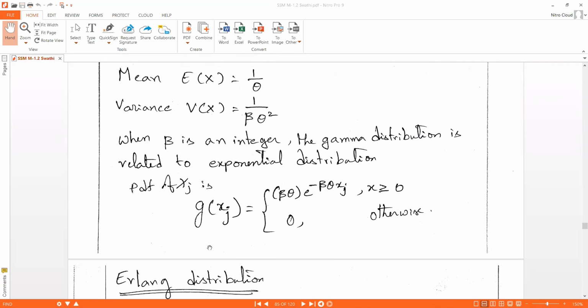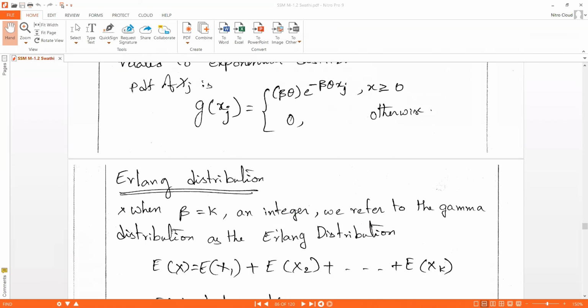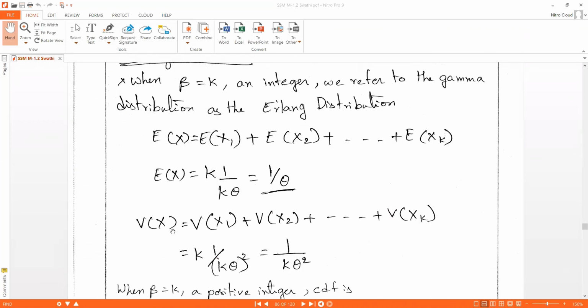Next one is the Erlang distribution. Here in the Erlang distribution, when beta is equal to k, an integer, we refer to the gamma distribution as an Erlang distribution.